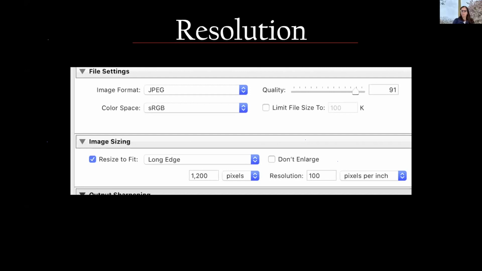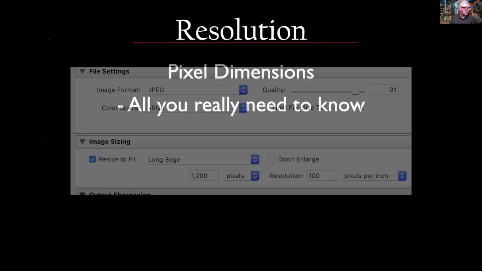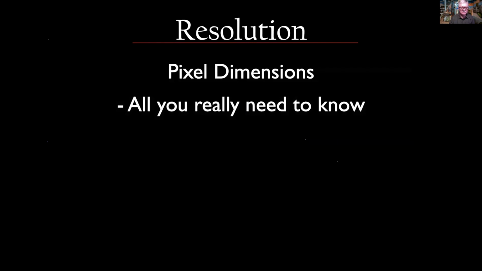So the pixel size is more important than the resolution if you're putting it up on, say, Facebook or something? On Facebook, resolution is not a factor at all. Remember, all you need to know are pixel dimensions. Resolution's not a factor. So 1600 along the long side, at 72.